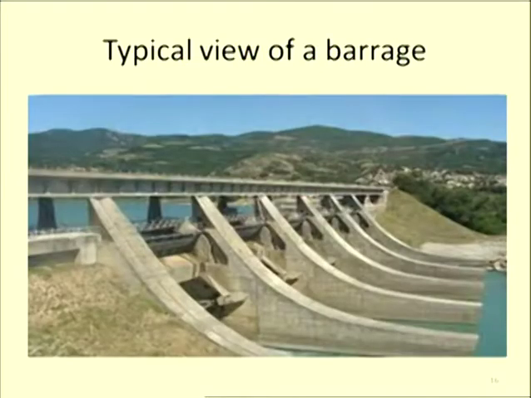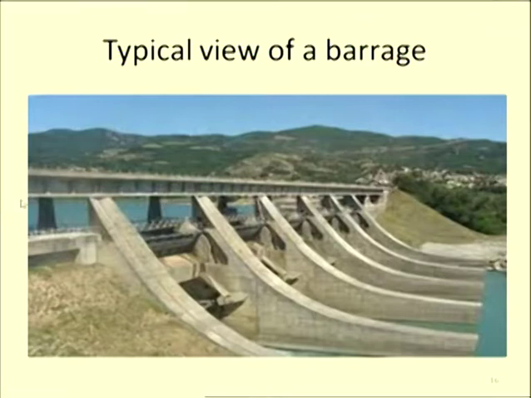This is a very typical view I have taken just from Google to make you aware of how it differs from weirs, or for that matter from dams. Dams are generally very high, say above 50 meters or 100 meters, and on top of that we provide gates. But here, after 2-3 meters, this base is created and then gates are fitted.